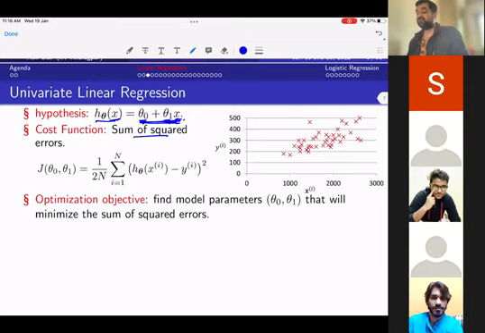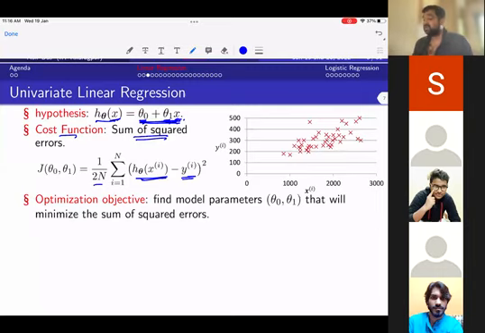And one of the standard disagreement metrics is this cost function, the sum of squared errors. We also call it a cost function, right? So sum of squared errors, as it says, it is just like this. h theta xi is your predicted value, yi is your true value for the corresponding xi, and you are just squaring the difference between them and then summing, or you can take an average, right?